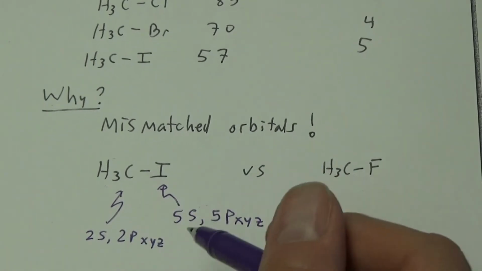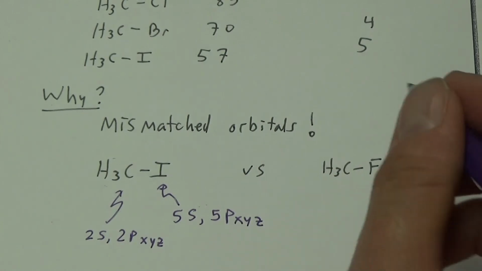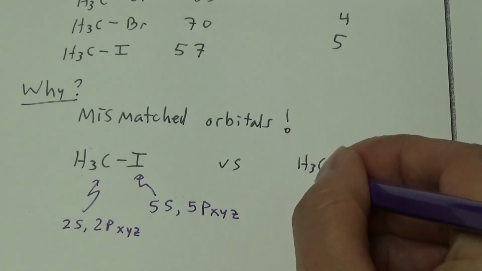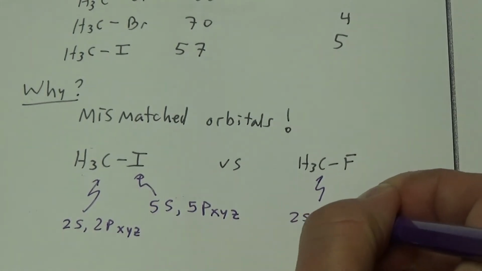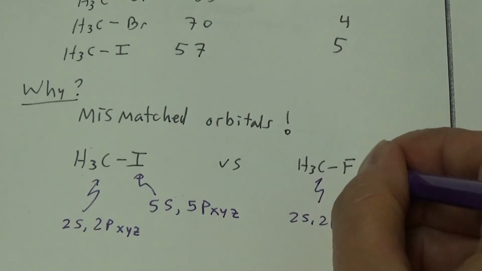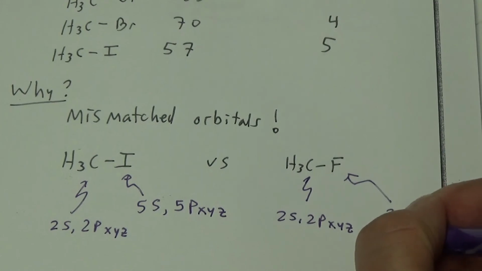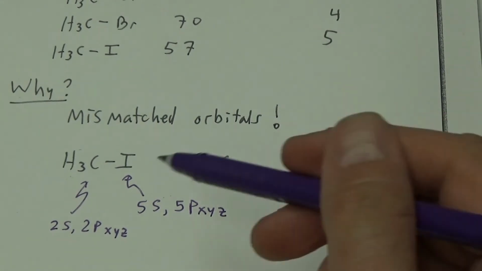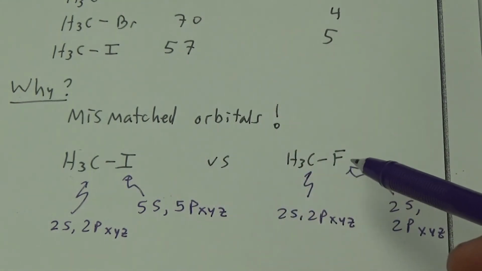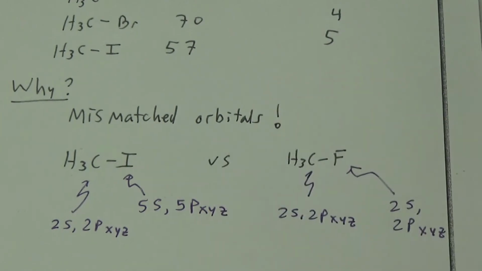The orbitals are compatible, but they're not as compatible as with fluoromethane, which also uses 2s, 2p on carbon, and the fluorine also uses 2s and 2p. So that helps explain why fluoromethane has a stronger bond, a more compatible set of orbitals than iodomethane, which has a weaker bond.